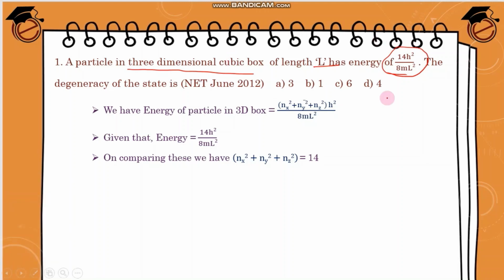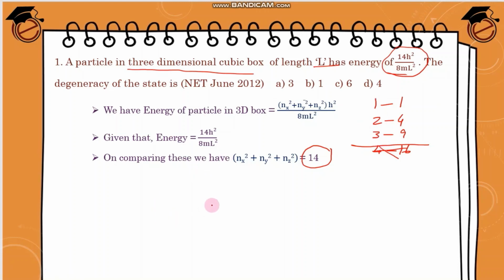Now let's check the values. Square of 1 is 1, square of 2 is 4, square of 3 is 9, square of 4 is 16, and the energy is 14. So 4 will not be a value. The nx, ny, nz can be 1, 2, 3, any of these values.